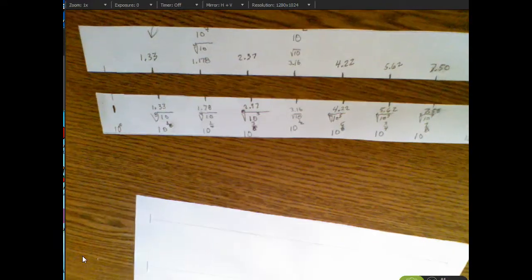Now, what we're going to do is actually multiply numbers. What I want you to do within your groups, notice we have a top scale and a bottom scale, is first have everybody pick what number they want. Now, let's not pick 1, and let's not pick 10.